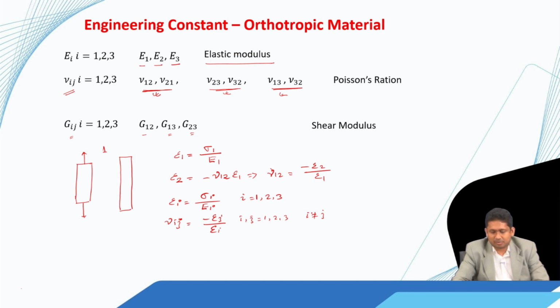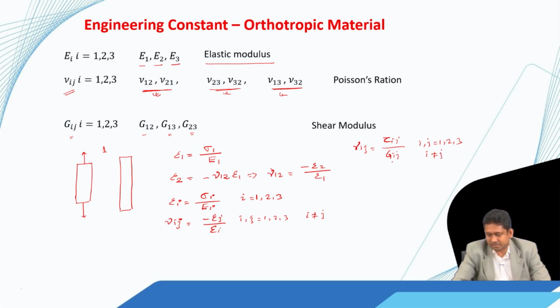Similarly, we can define the shear strain gamma ij as tau ij by G ij, where i and j go from 1 to 3 and i is not equal to j.